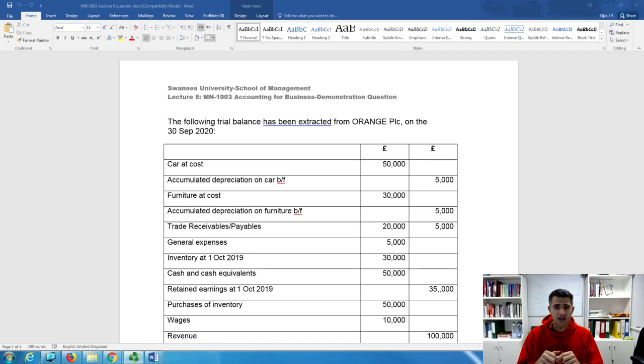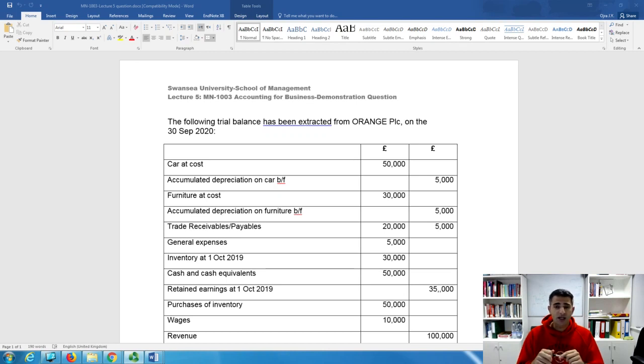Including the three statements: statement of profit or loss, statement of change in equity, and statement of financial position. So this week we will summarize all the weeks in one question, which is to prepare the three financial statements.